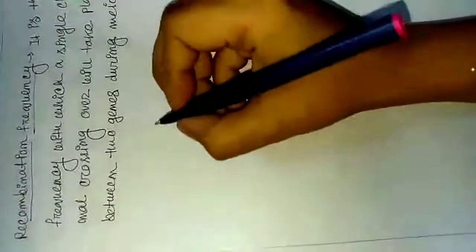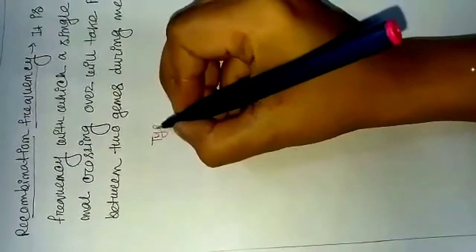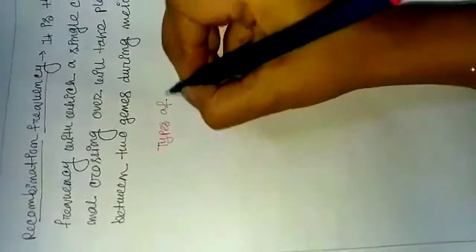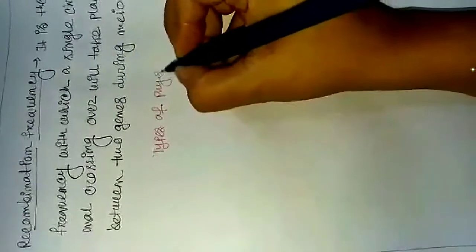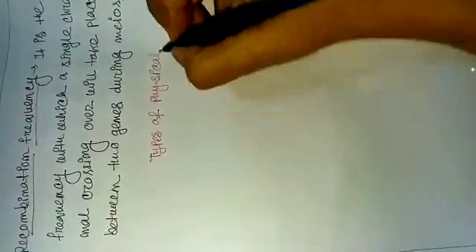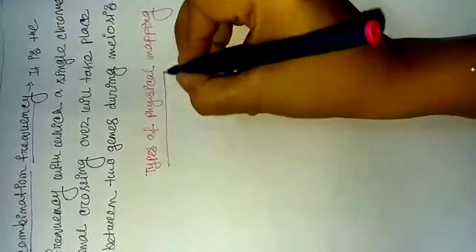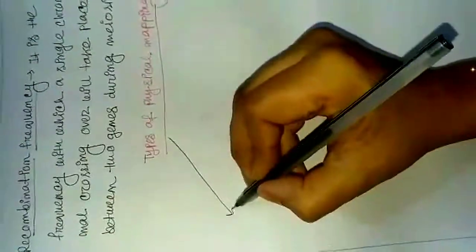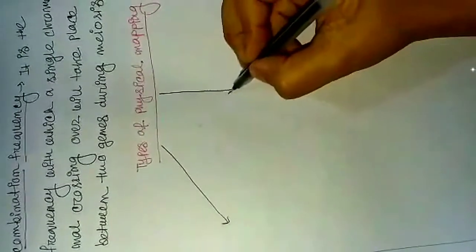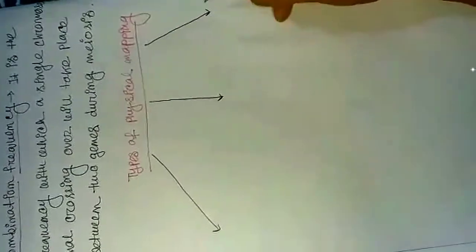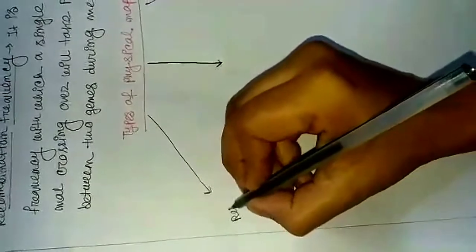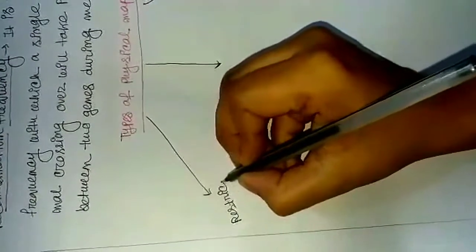Now the types of physical mapping. There are mainly three types of this physical mapping. The first one is restriction mapping.